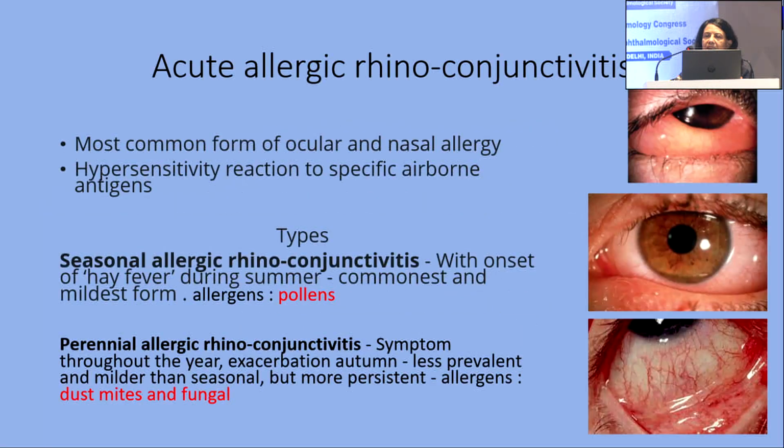These are basically the types of conjunctivitis that occur on the ocular surface. Now, what is acute allergic rhinoconjunctivitis? It is the most common form, and it is divided into two types: seasonal and perennial. Seasonal is mostly because of pollens, usually occurring around the spring season, and perennial is because of dust, mites, or fungi, and can occur throughout the year or because of many other conditions.